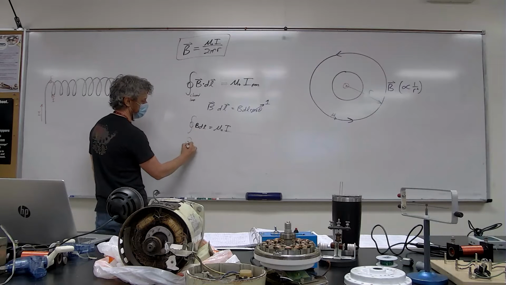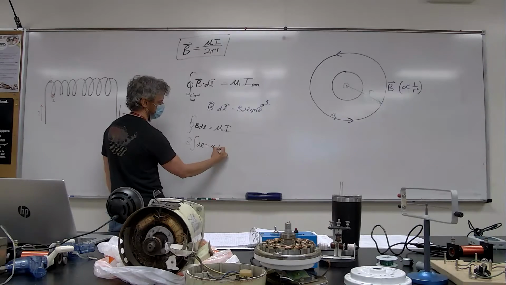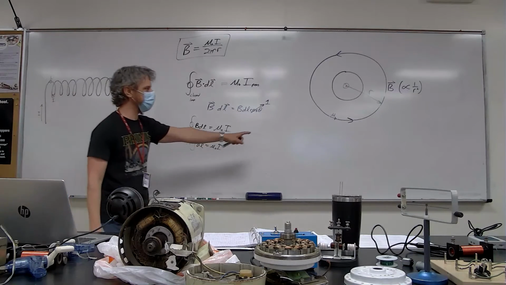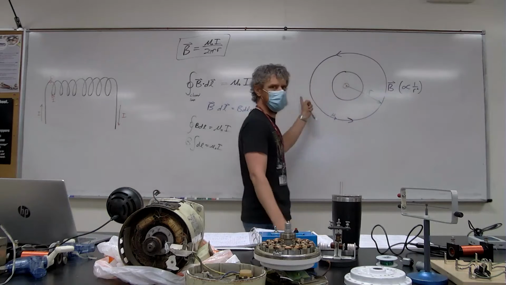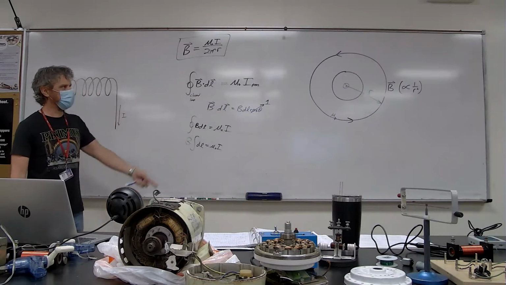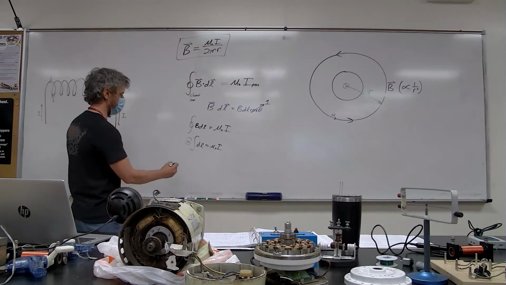Okay, so B is a constant. What I'm getting at is, pull it out: B times the integral of dl equals mu naught I. Again, the calculus is easy. When I add up all these dl's, what do I get? L, or in this case, 2 pi times r.